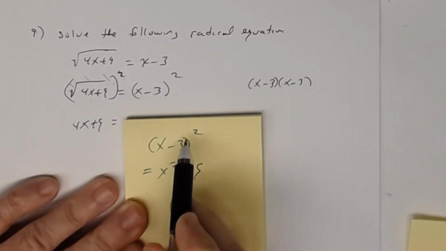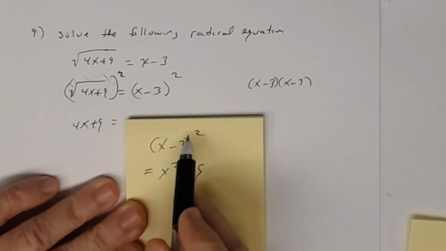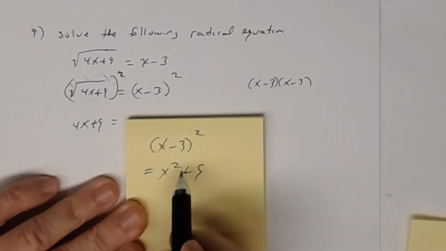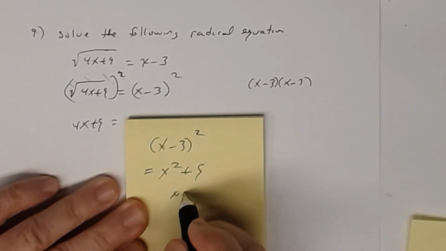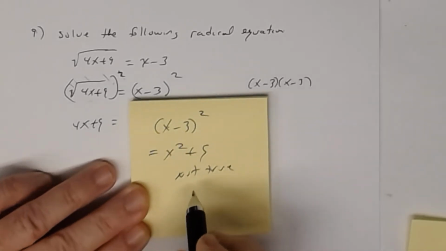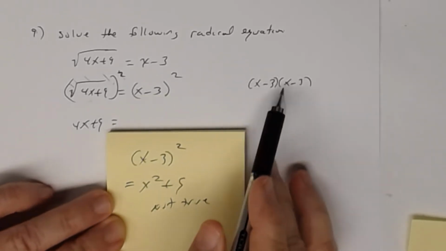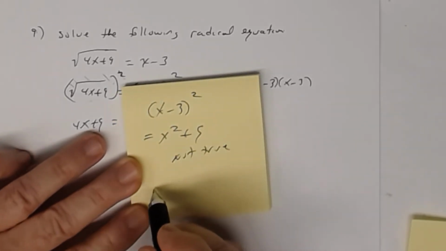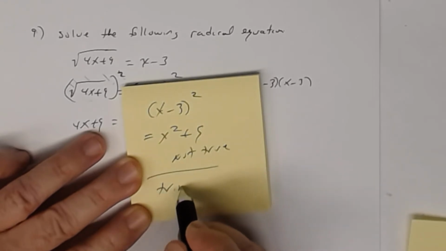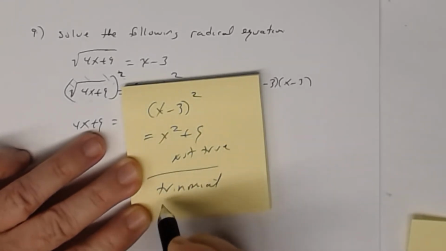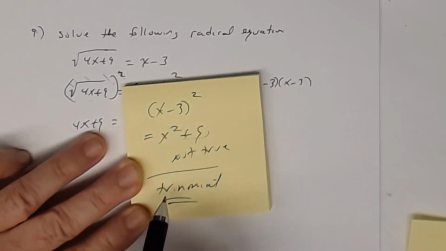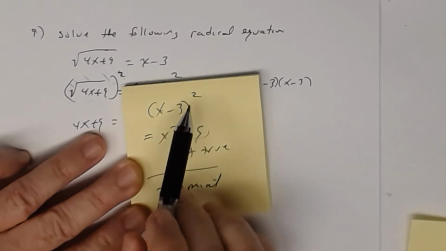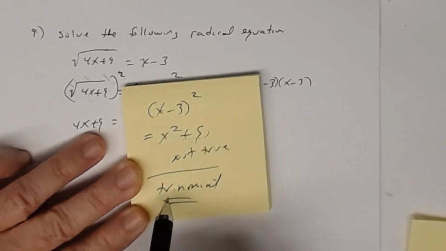So they generalize this right here to mean this squared and this squared: x squared and then negative 3 squared is plus 9. But that's not true. Okay, that's not true. Whenever you square a binomial, you need to get a trinomial. So when you square a binomial, you will always get a trinomial. This is not a trinomial right here. That's a binomial. So squaring a binomial does not give you a binomial, it gives you a trinomial.